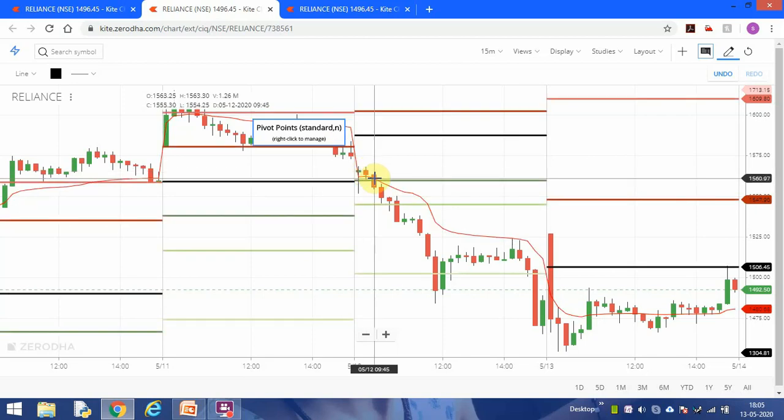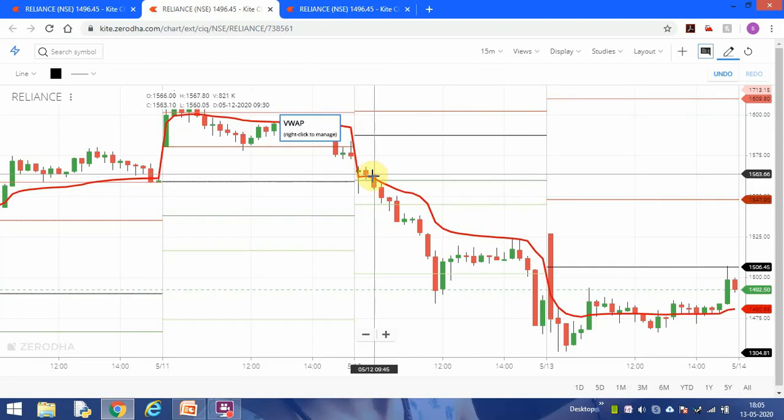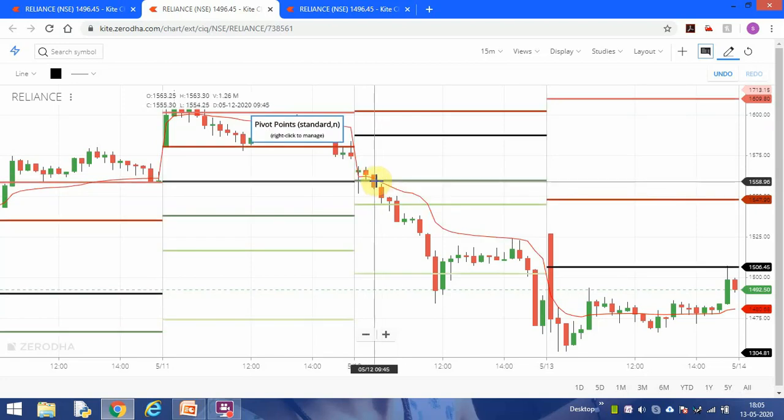You see, this is the pivot point, and here is the Reliance first candle price, then the second candle. First candle has broken the price, it has gone down. You see here, from here you can take a short trade.